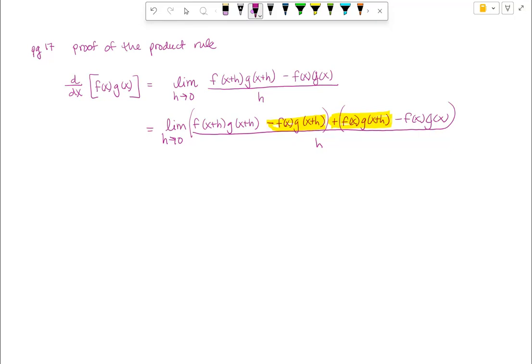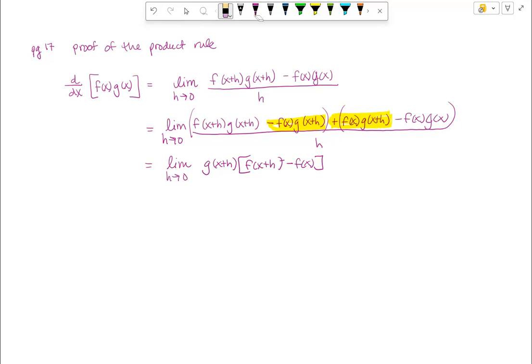So we could regroup this and think that this is the limit as h approaches 0 of, I'm going to pull out my GCF, so f of x plus h times g of x plus h minus, oh, you know what? I already messed that up. Sorry. My GCF I just said was g of x plus h, not f. So I'm going to pull out my factor of g of x plus h. I'm going to multiply that with f of x plus h minus f of x.